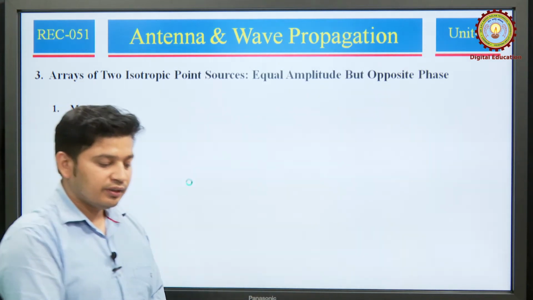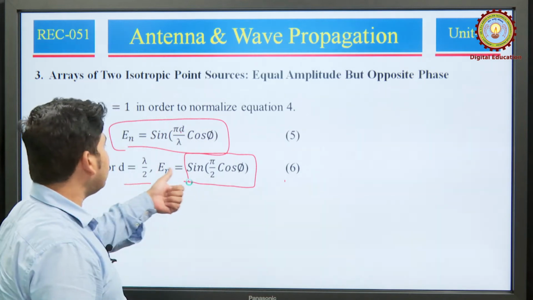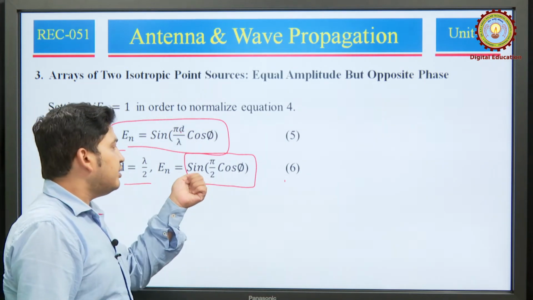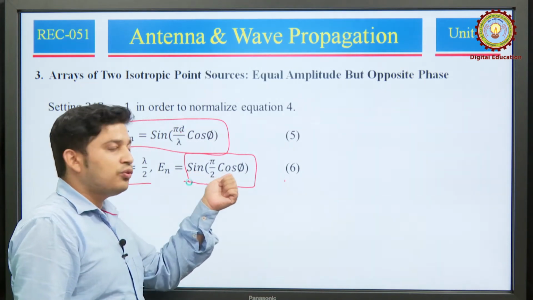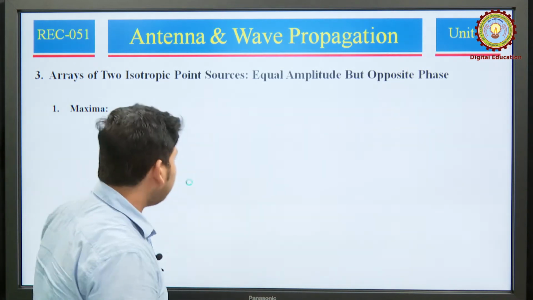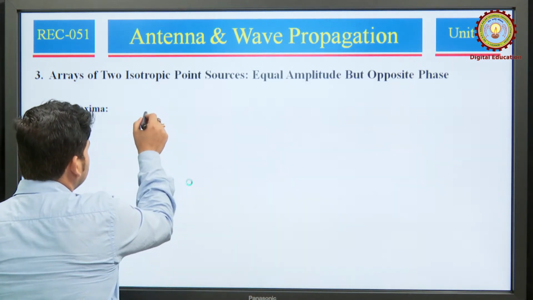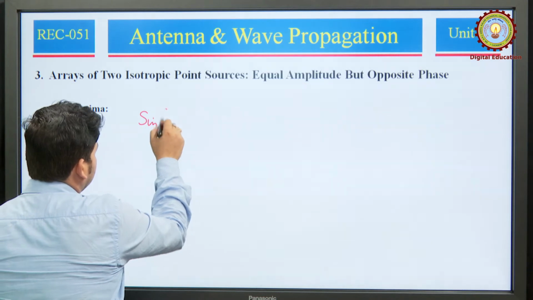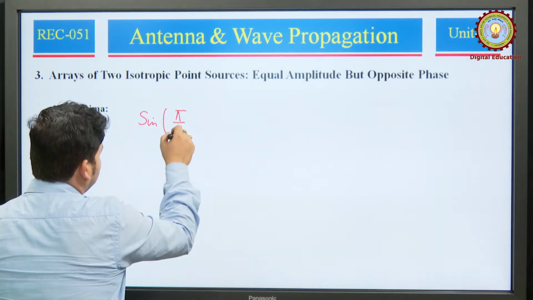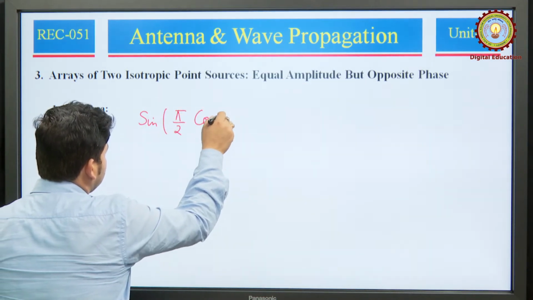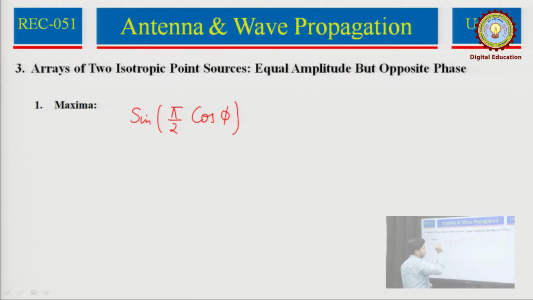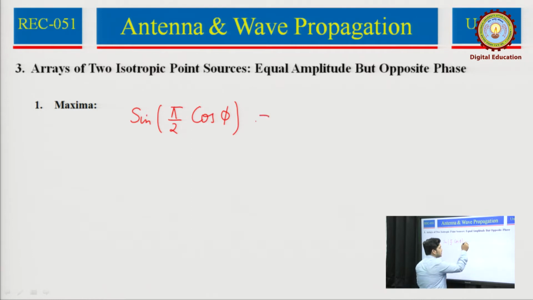Please remember our normalized field: E normalized is sin of (pi by 2 cos phi). For the maxima condition we discussed earlier, sine or cosine takes a maximum value of plus or minus 1.